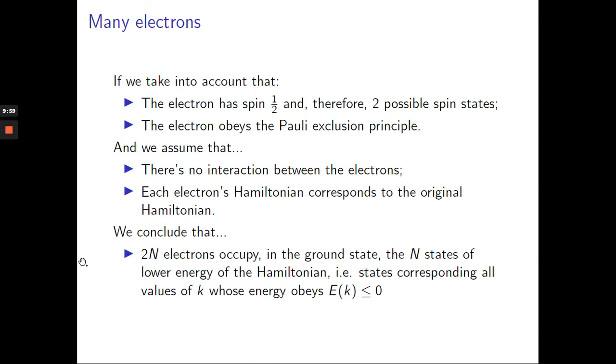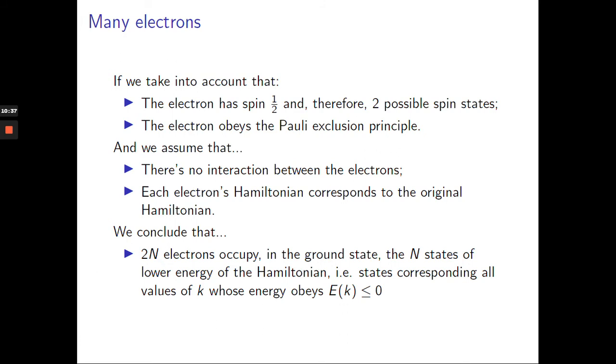So if we put two N electrons, and by the way, now when I say N, I'm referring to the capital N, when we have two N electrons in our system and we look at the ground state, we know that they obey the Pauli exclusion principle. So our two N electrons will occupy the N states of the Hamiltonian which have the lower energy.